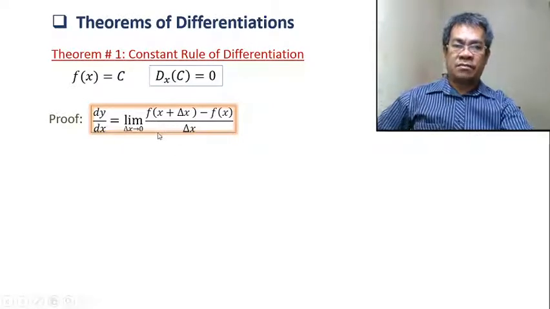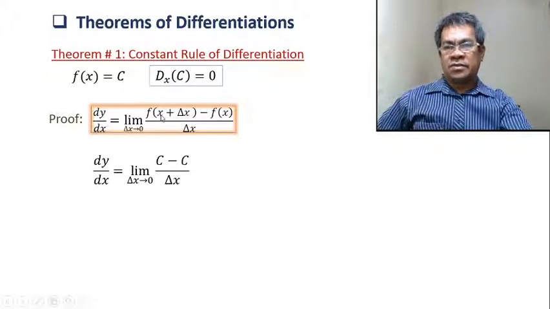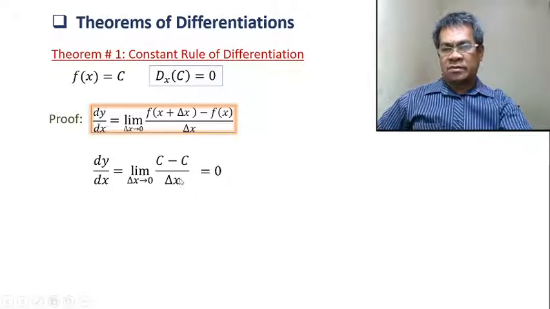Since our function has no variable x, the function of x plus delta x is simply c, while the function of x is also c. So we subtract c minus c. The answer is always equal to 0. Therefore, it is true that the derivative of the function is 0.